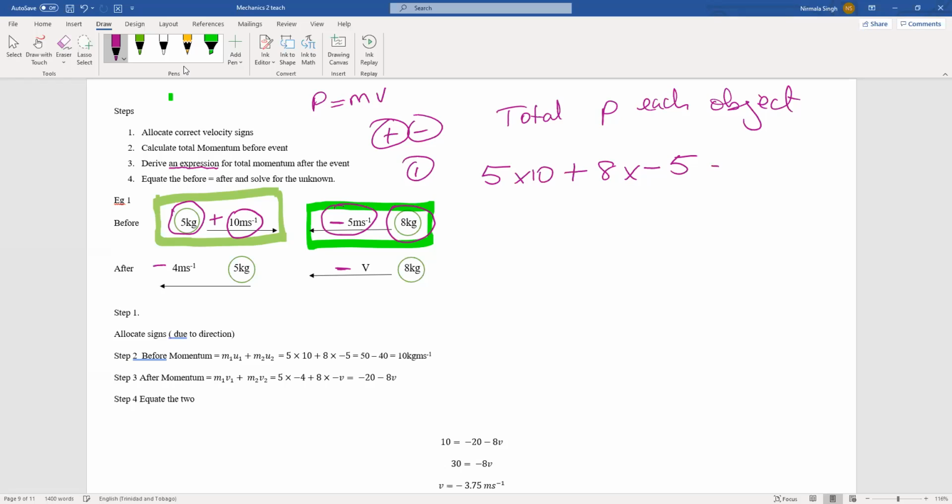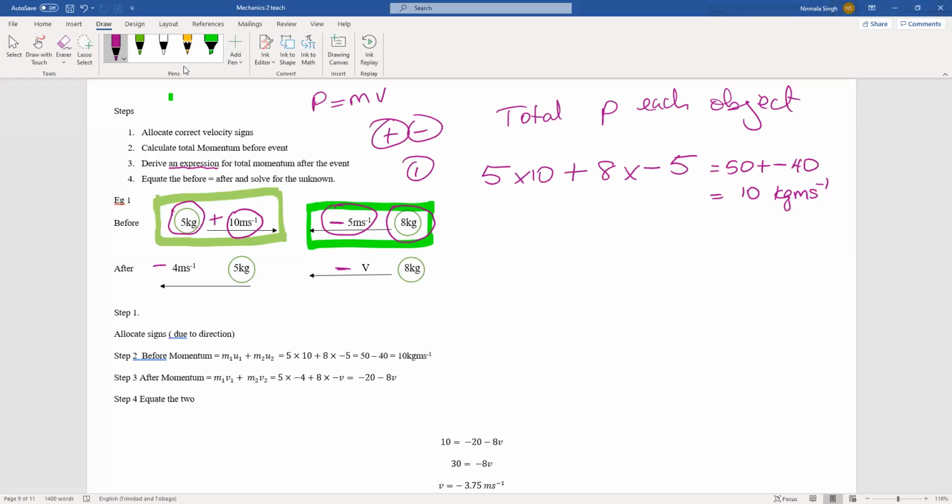Let's work this out and see what we get. 5 times 10 is 50. Plus 8 times minus 5 is minus 40. So 50 plus a minus is minus: 50 minus 40 is 10. Everybody understood what I just did? Right, we take the total momentum.